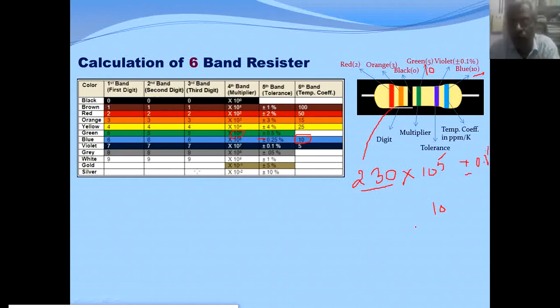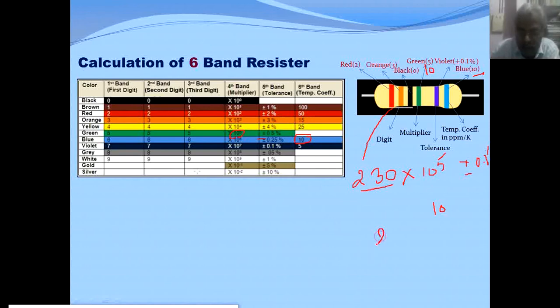It means the resistance of this resistor will increase if we increase the temperature by 1 degree Celsius or by 1 Kelvin. Actually the starting values of degree Celsius and Kelvin are different, but the change is the same.